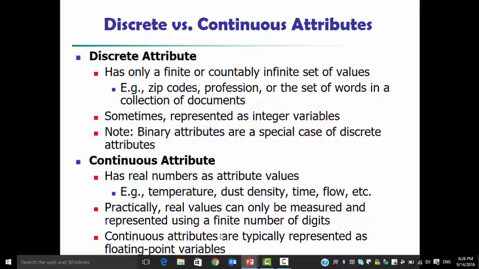Attributes can also be discrete or continuous. Attributes of time are continuous. The attribute of age is discrete, right?